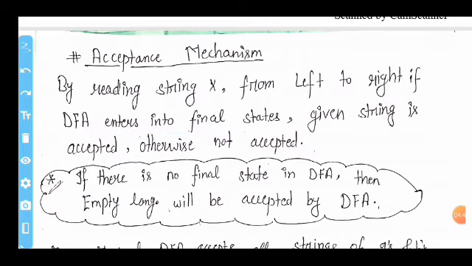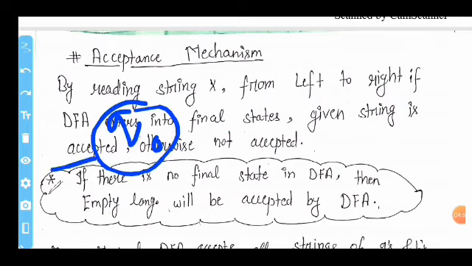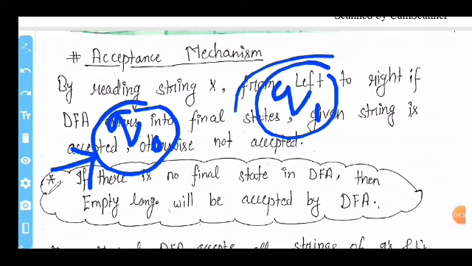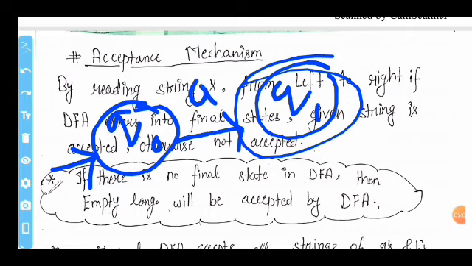Means Q0 is your initial state, Q1 is your final state, then from the Q0 state, the input symbol A is given to transition to state Q1 as a final state.